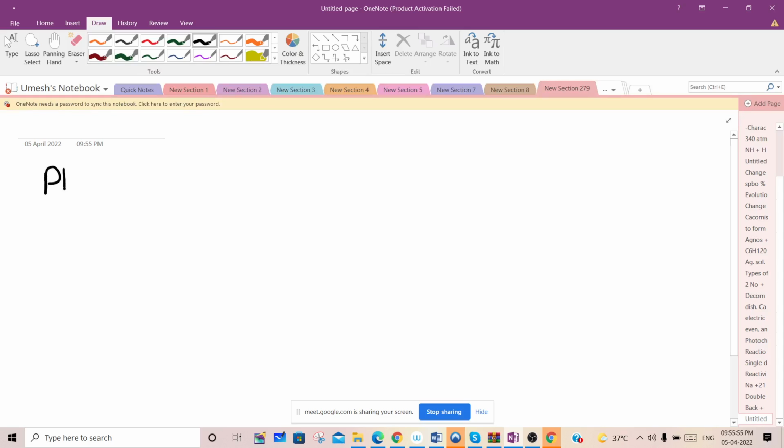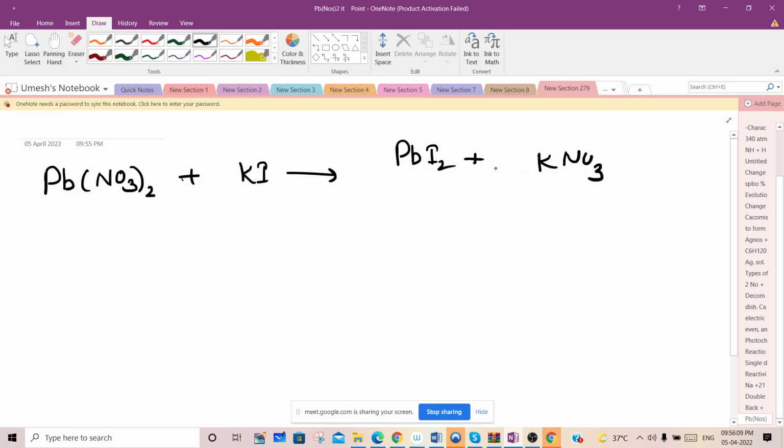Yes, sir. Now I have lead nitrate, potassium iodide, lead iodide. Can I say this is also a double displacement reaction? Here I am getting yellow precipitate.